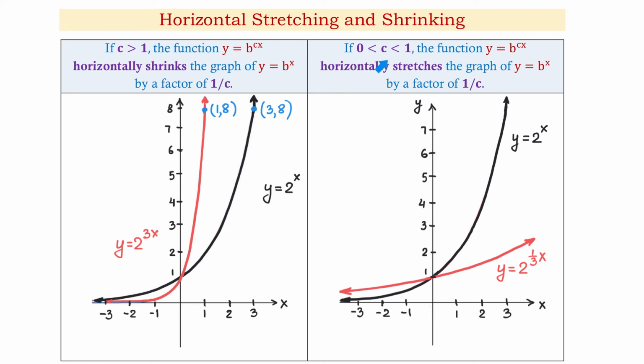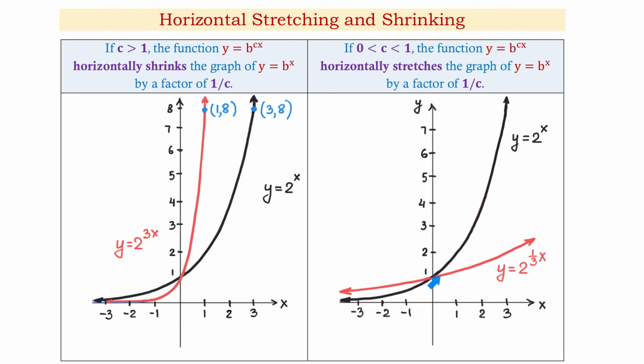And now when c is a number between 0 and 1, the function y equals b to the c times x horizontally stretches the graph of y equals b to the x power by a factor of 1/c. So here we have the function y equals 2 to the x power, and the new function is y equals 2 to the 1/3 x.